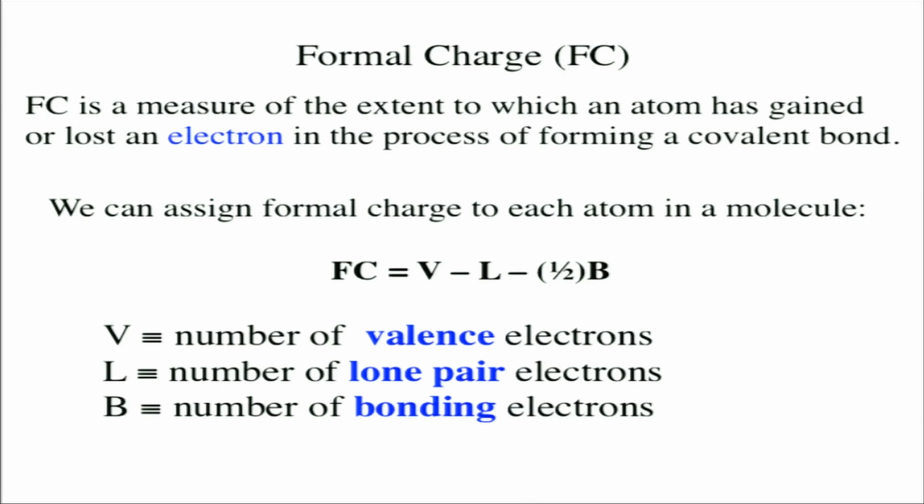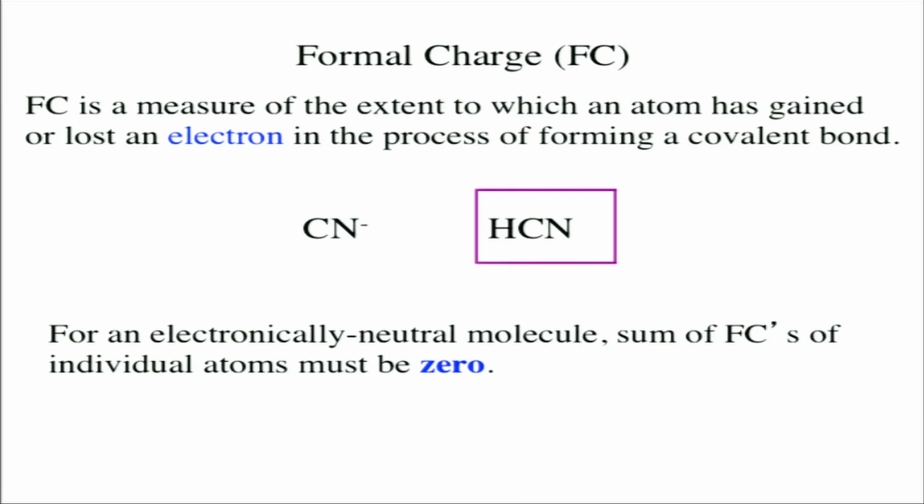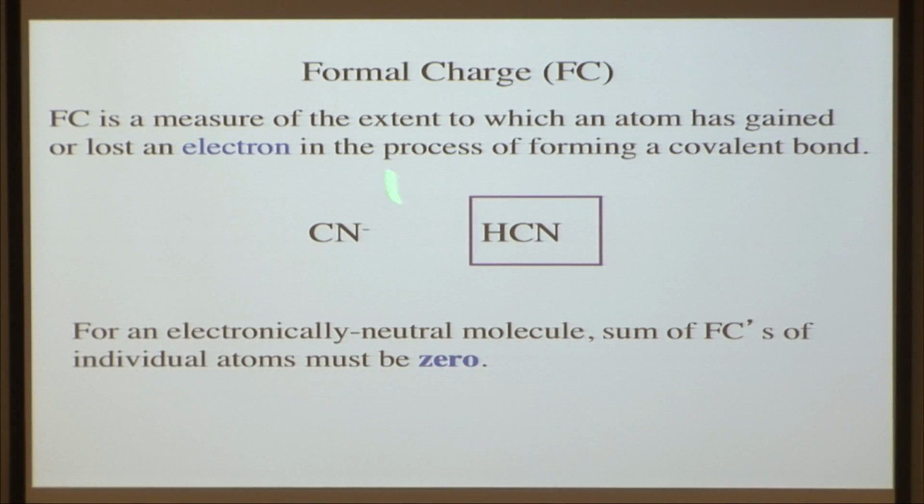So in doing these formal charges, you want the formal charges to add up to the charge on the molecule. So if we had HCN, that's a neutral molecule. So the sum of all of the formal charges must be 0, or you did something wrong.